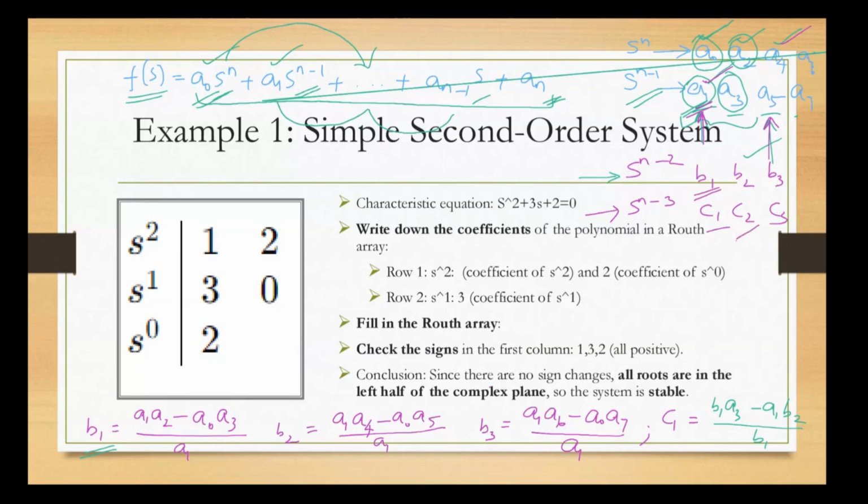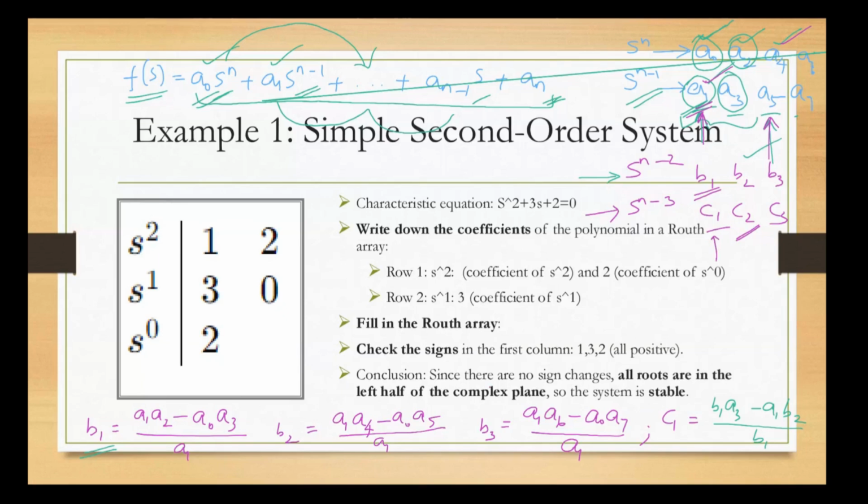Similarly, c2 will be calculated from the previous two rows considering the first and the third column, so that will be b1 into a5 minus b3 into a1, divided by b1. So that continues. This is how we fill up the table.